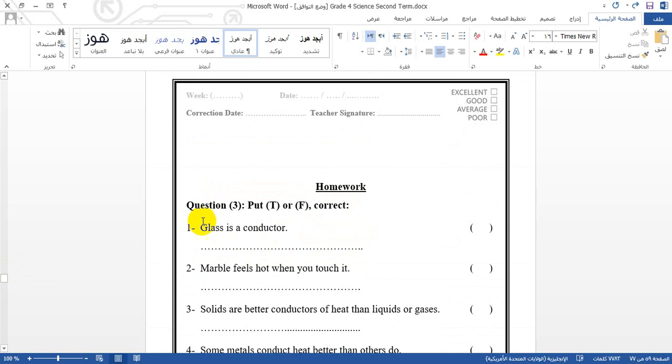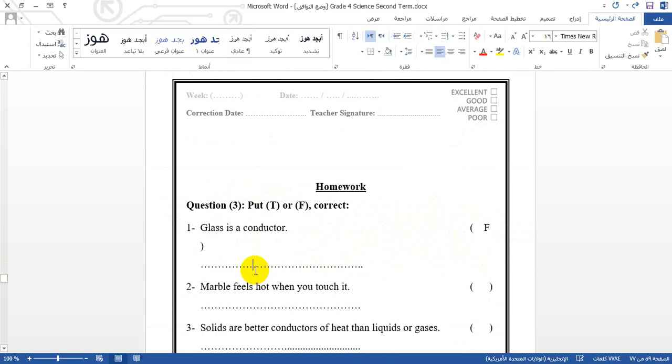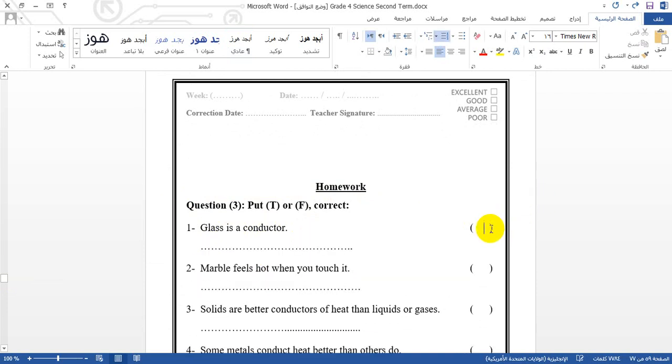True and false, and correct it with the right answer. So this one, glass is a conductor, is false. The correct answer is what, guys? False.